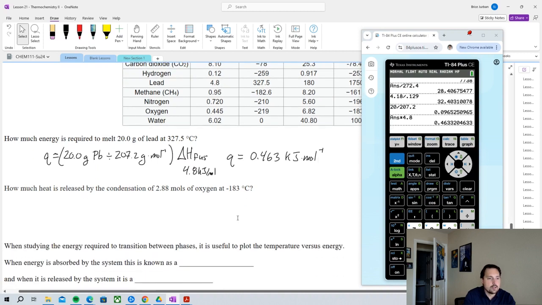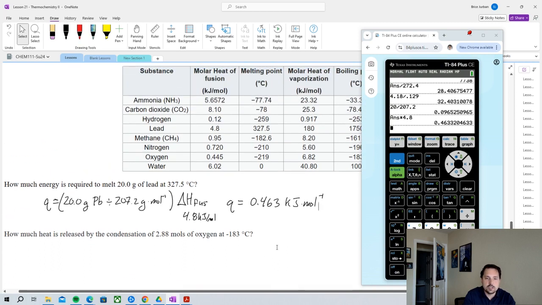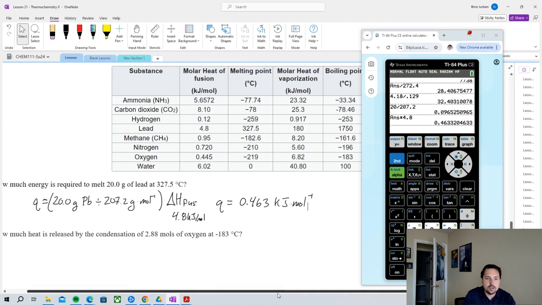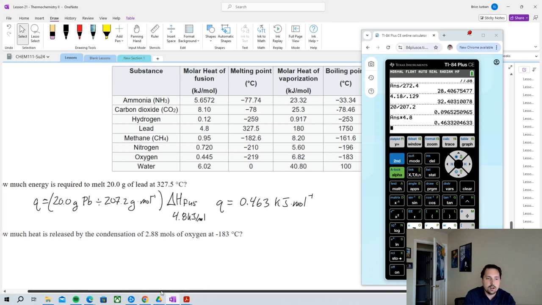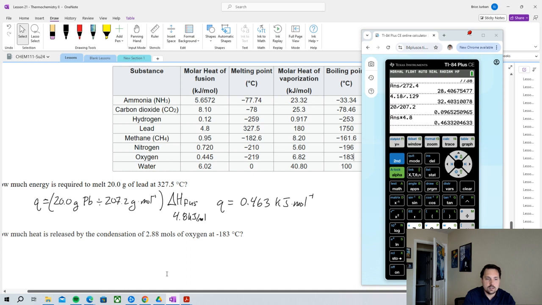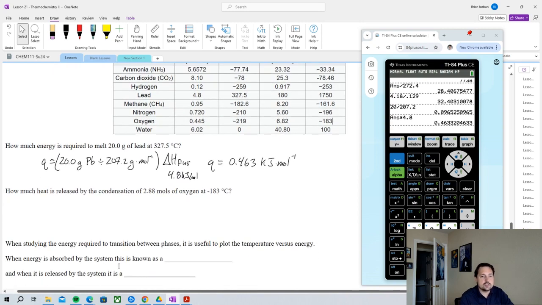That makes sense. Okay, so how much heat is released by the condensation of 2.88 moles of oxygen at negative 183 degrees Celsius? Here, I think I have the right value, negative 183. Yes, I do. This is because condensation is the opposite of vaporization, so that would occur at the boiling point. And oxygen has a very low boiling point, as oxygen is typically a gas at room temperature.